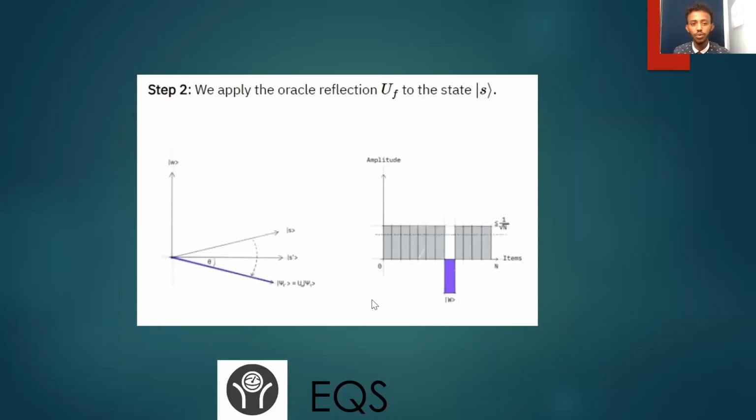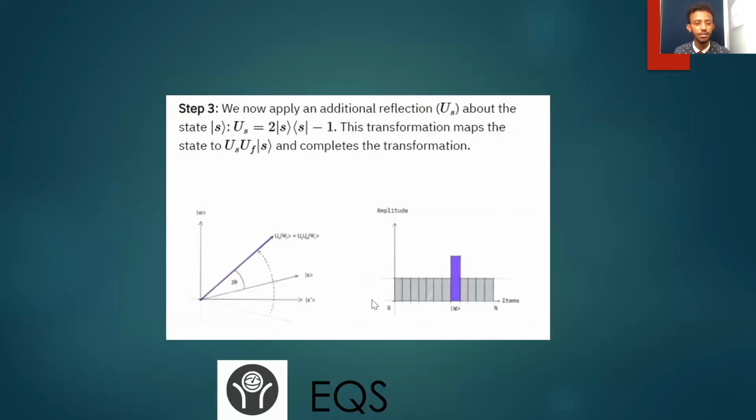space. Let's assume this to be a search space, and this is the value we're looking for. So we apply the oracle reflection UF to the state, taking advantage of the superposition property, and we now apply an additional reflection, which is an additional transform, and this transformation maps the state and completes it.